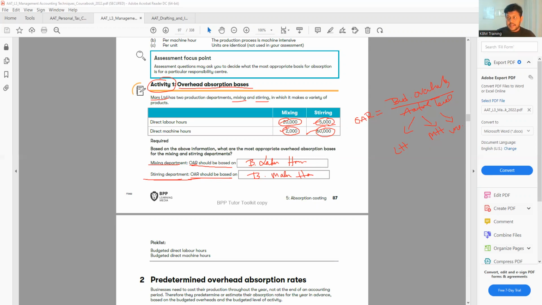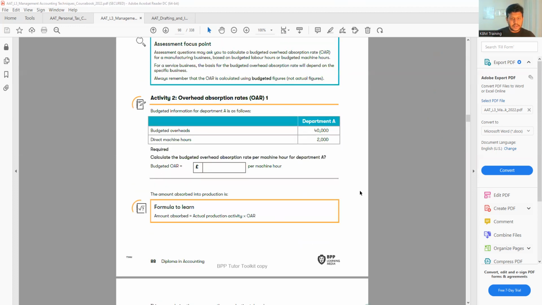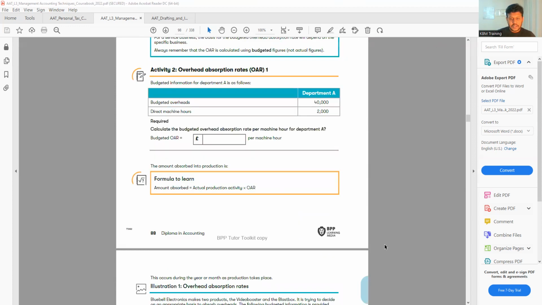All right, let's try the next one. Another question on overhead absorption rate, how to calculate this one. OAR, overhead absorption rate. Budgeted information for department A is as follows.